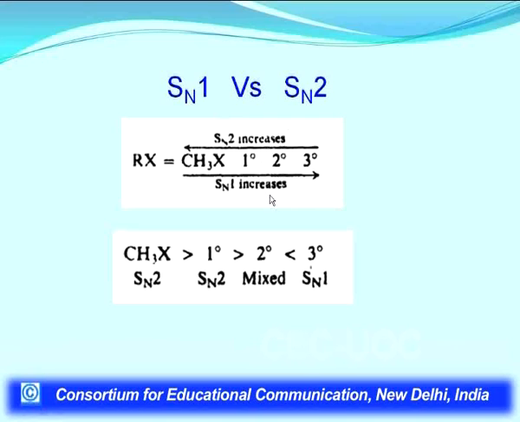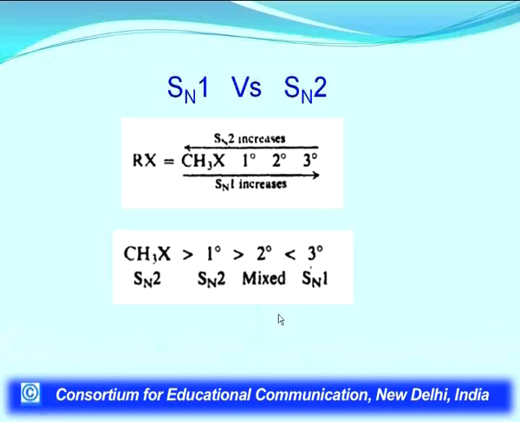Or we can shift the reaction to a particular mechanism by adjusting the conditions, that is by adjusting the solvent or the nucleophile. So, if it is a methyl halide, it proceeds under a set of conditions by the SN2 mechanism, a tertiary halide proceeds by the SN1 mechanism, and we may get a mixed mechanism when it is a secondary alkyl halide.